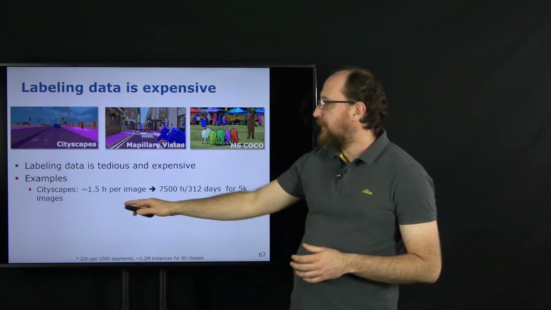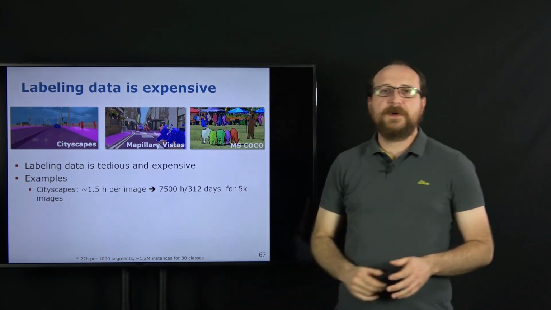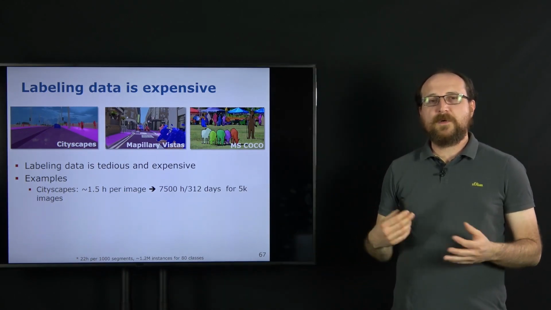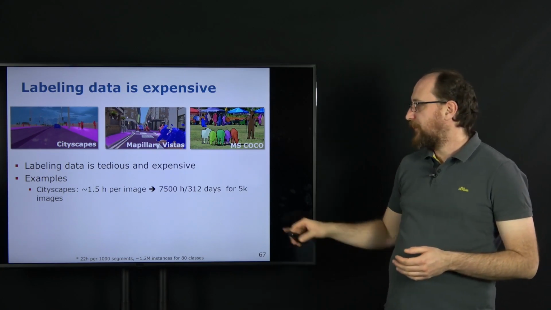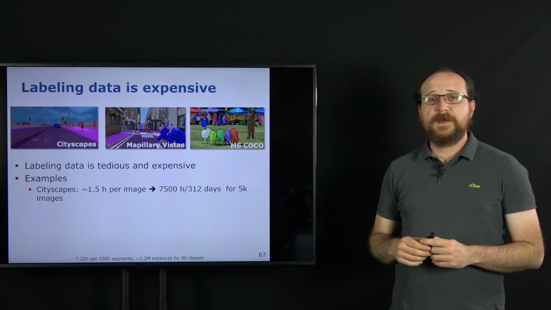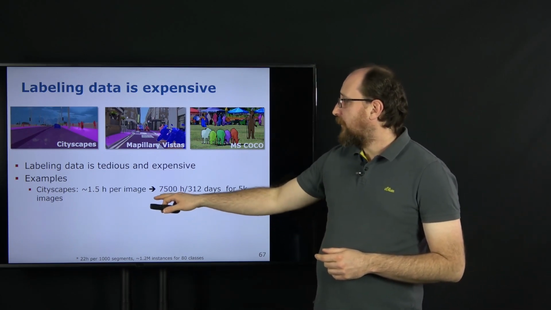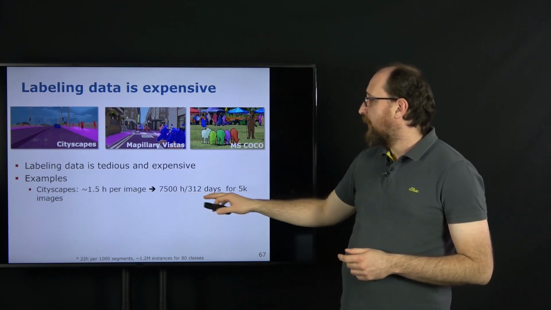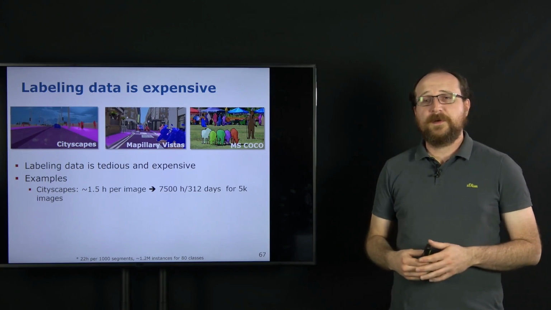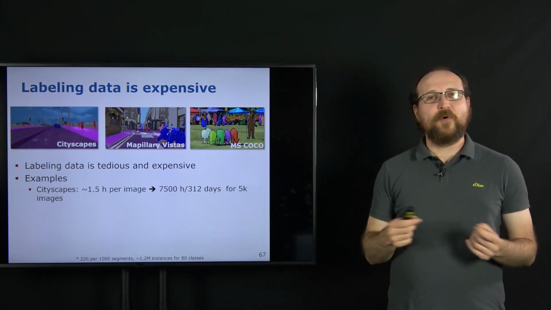As reported in the image, one annotator for such Cityscapes images basically needed 1.5 hours to annotate the whole image. When we take the number of images, which is in this case 5,000 finely annotated images, this took overall around 7,500 hours if one single person would do it, maybe something like 312 days of labeling the whole day and every night.